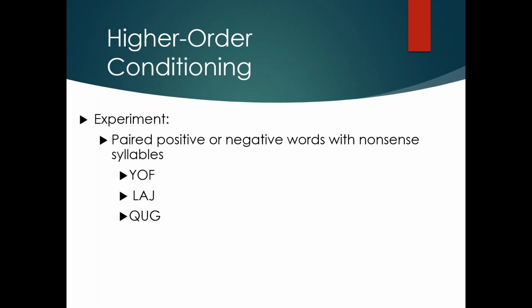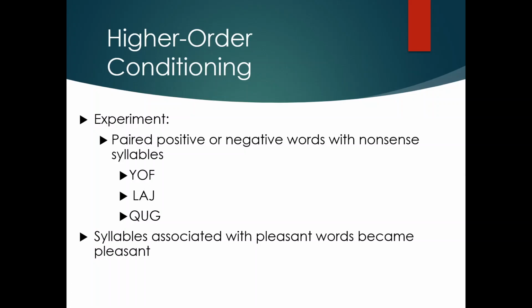So participants would see this list of nonsense syllables at the same time or shortly before they would see or hear a positive or negative word. And what these researchers found was that the syllables that were associated with pleasant words became pleasant, meaning that after conditioning, seeing this nonsense syllable made the participant experience pleasure. The same was true for negative words.